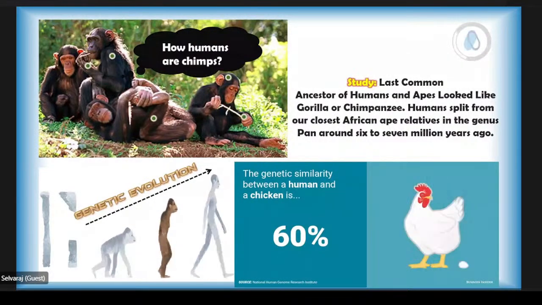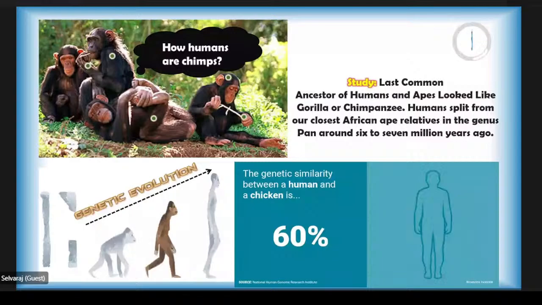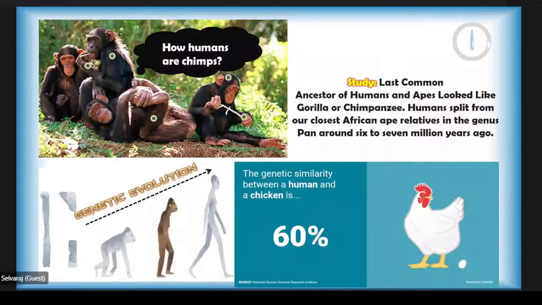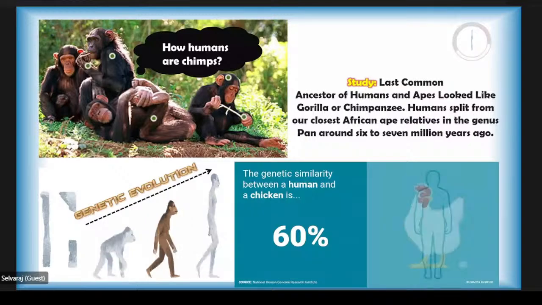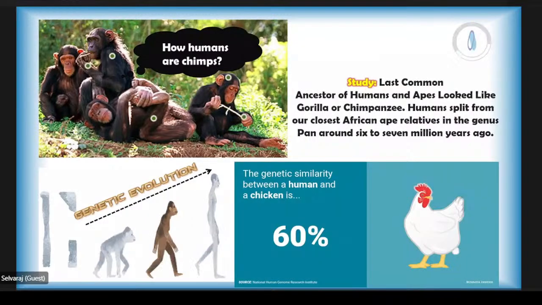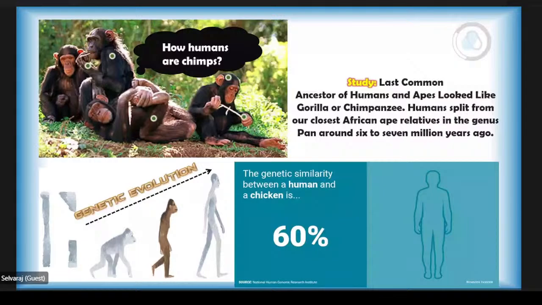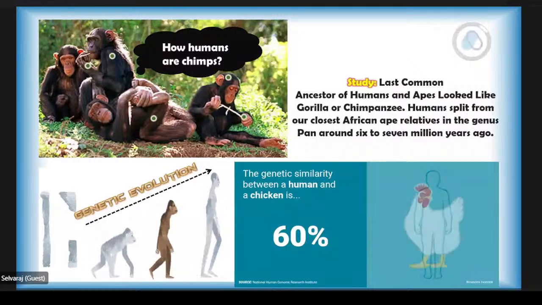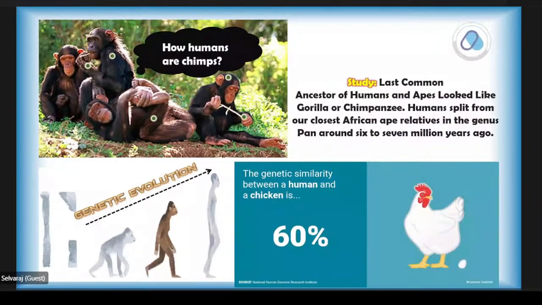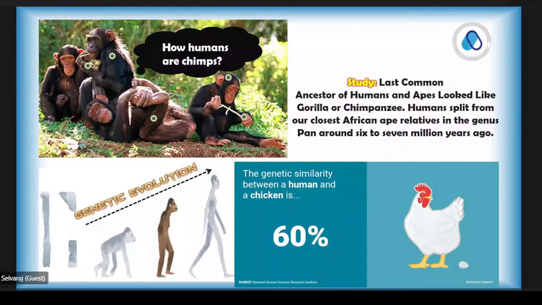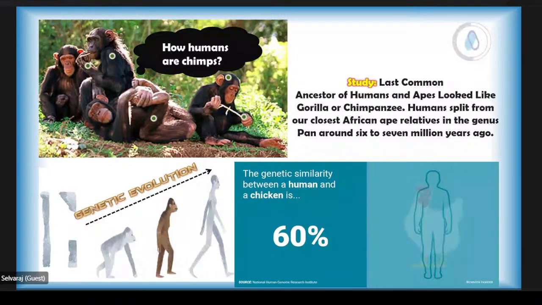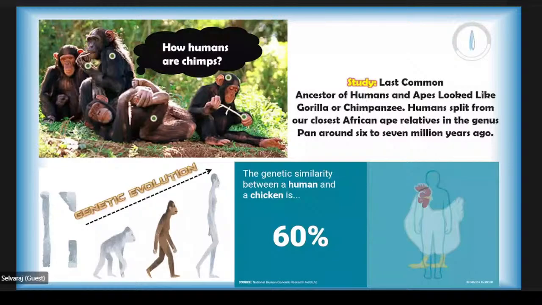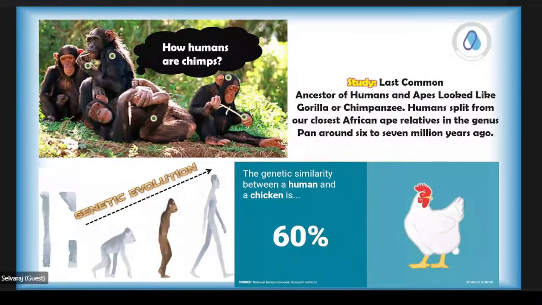This is genetic evolution, how it transforms over the years and forms the human. This is at the sequence level. If you think about monkey, it is around 96%. If you think about even chicken, we have around 60% similarity. So this takes multiple millions of years of genetic evolution.